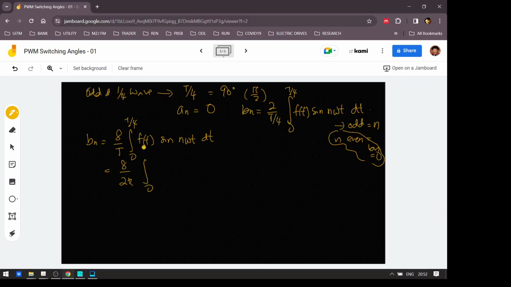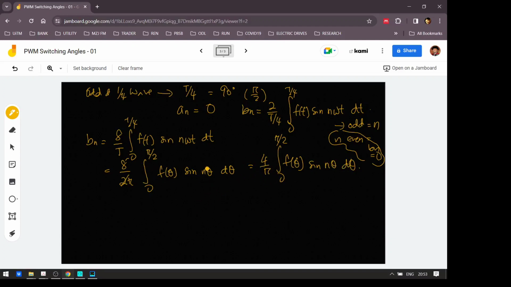This is 0 to 2 pi, so we have pi over 2 now, f theta sine n theta d theta. Simplifying, now we have 4 over pi, integrating from 0 to pi over 2, f theta sine n theta d theta. So this is what you need to evaluate.